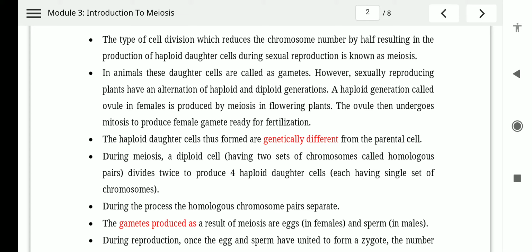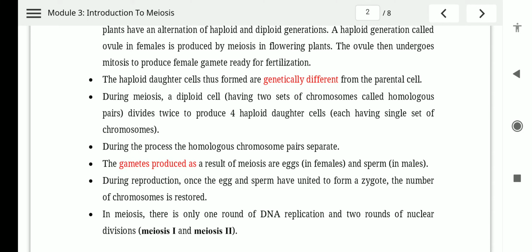Another important fact regarding meiosis is that during the process, homologous chromosome pairs are separated. So, gametes are produced during meiosis. Egg is formed in the female and sperm is formed in the male.